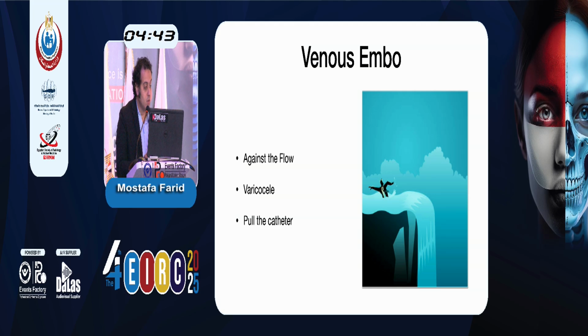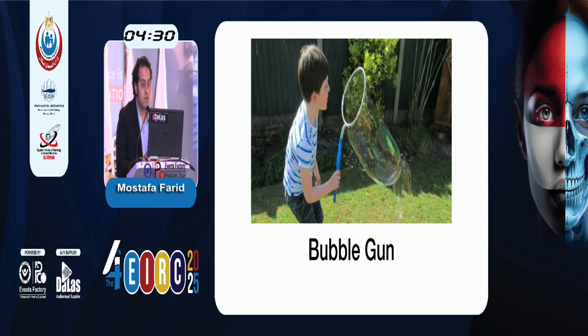And I told you I do it with liquid, and this is not very easy at the beginning, but it's not difficult because you are embolizing against the flow. But if you imagine you are embolizing like this boy is doing, he's making a giant balloon with the soap.